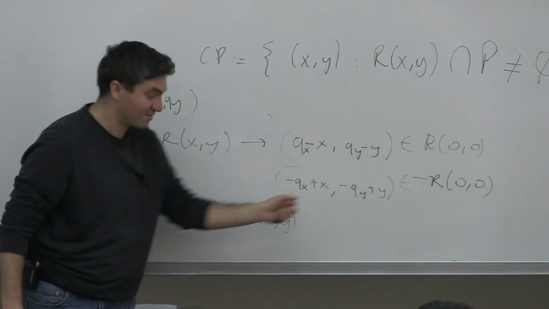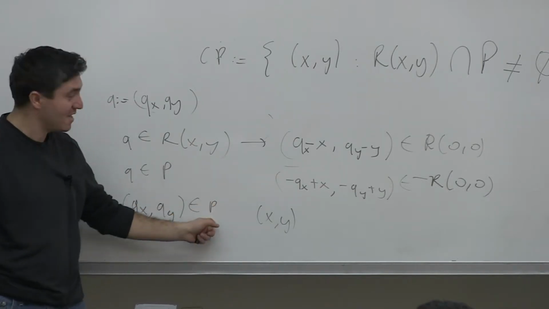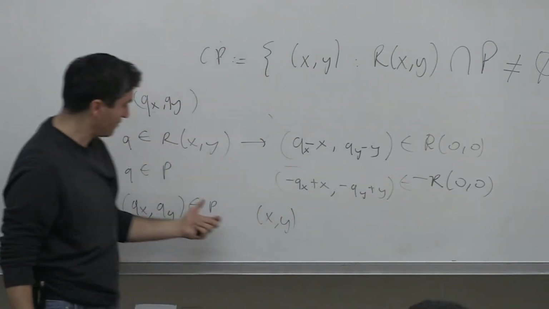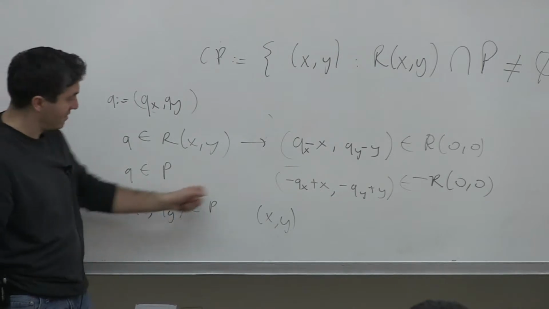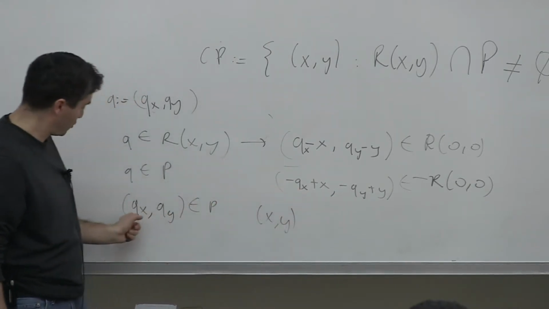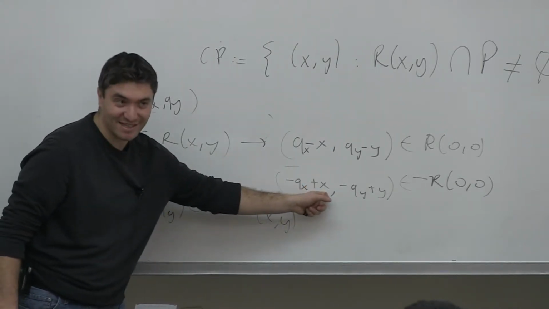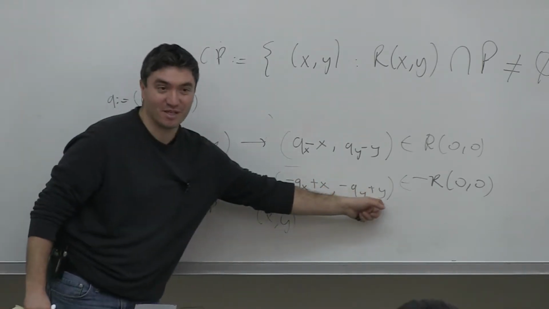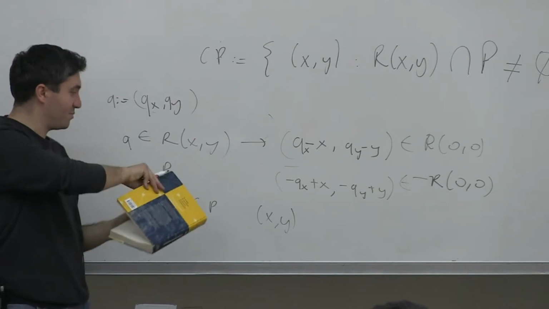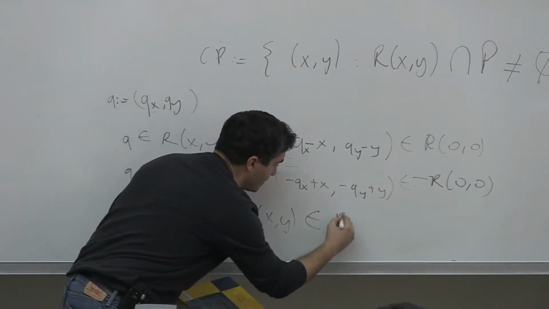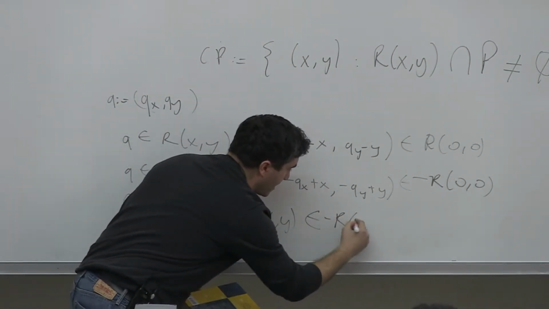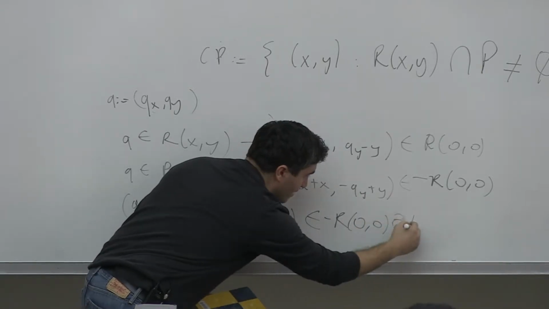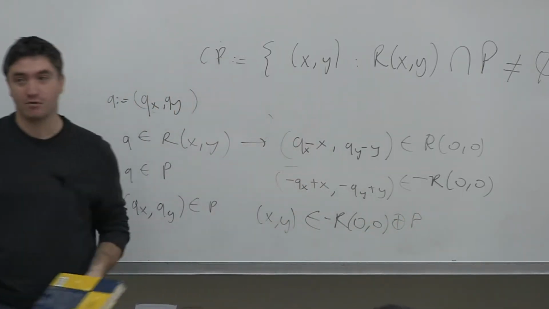What is the Minkowski sum of P plus minus R00? We take QX plus minus QX plus X, which gives you X, and QY plus minus QY plus Y, which gives you Y, which means that XY is an element of the Minkowski sum of P and minus R00.